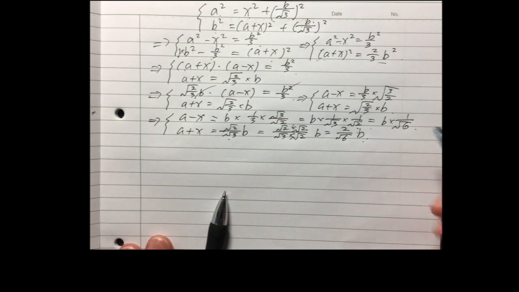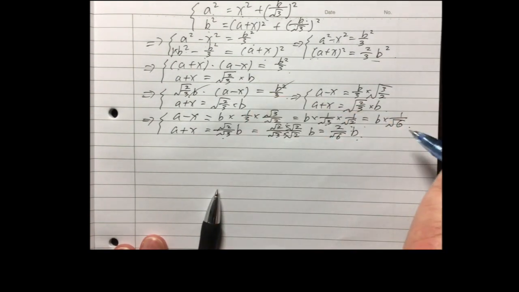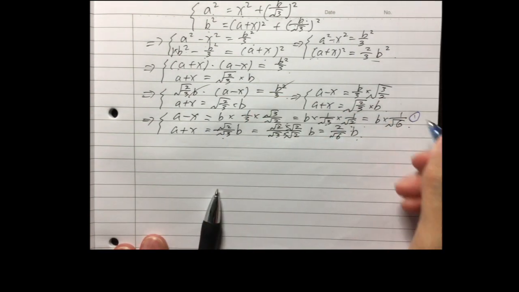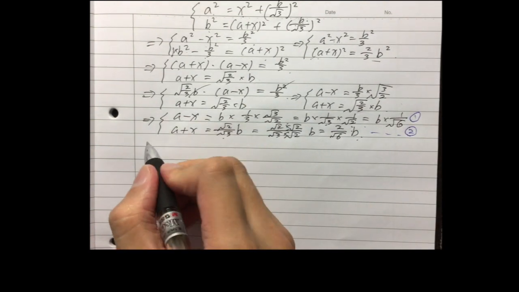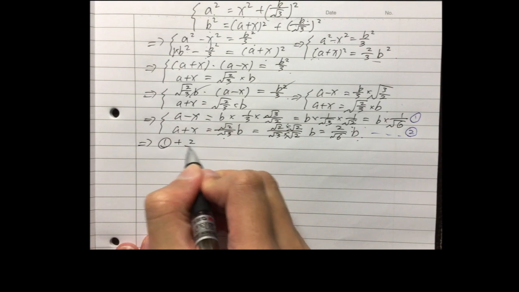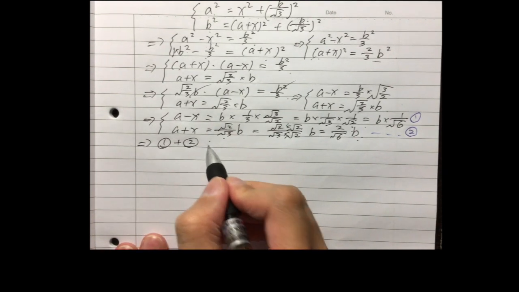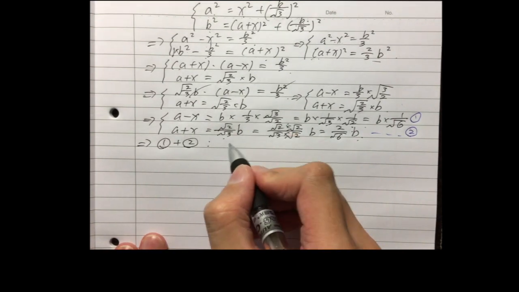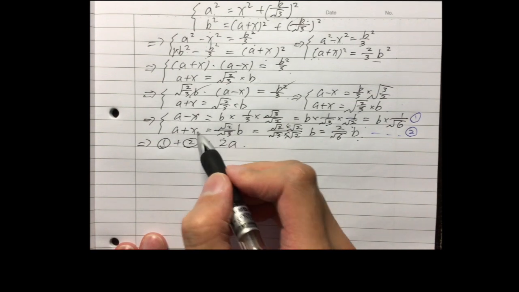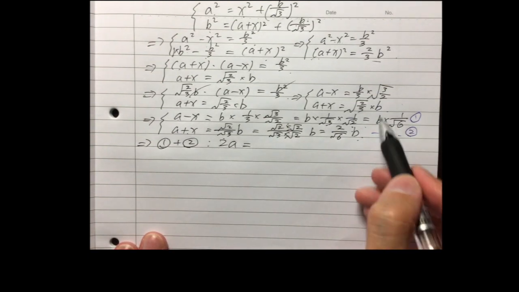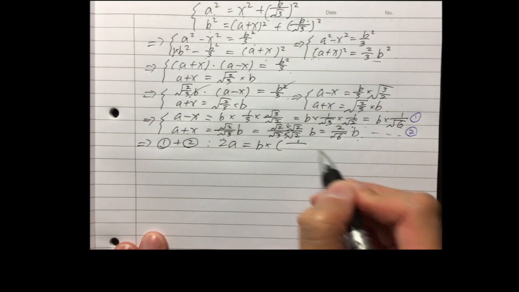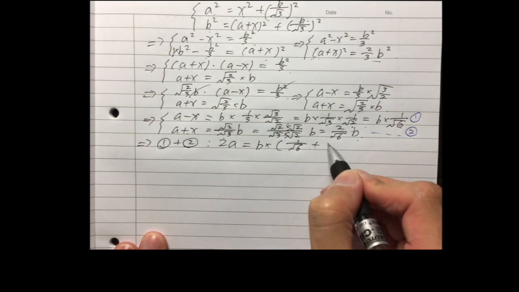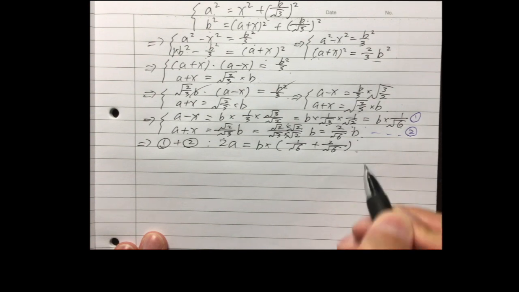And I treat this equation as equation 1, and this equation as equation 2. So if we combine equation 1 with equation 2, then we got 2a, right? And this x will be cancelled with this x. So these two will be added together, which is 1 over square root 6 plus 2 over square root 6.